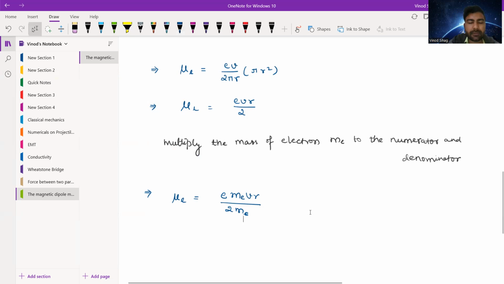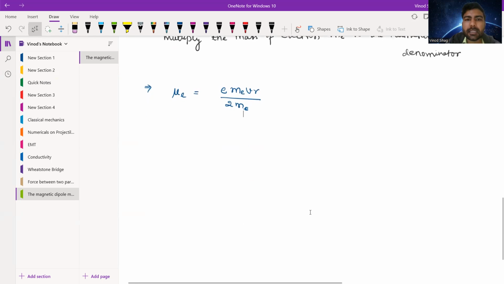Okay. So now as we can see here, MVR is nothing but the angular momentum.